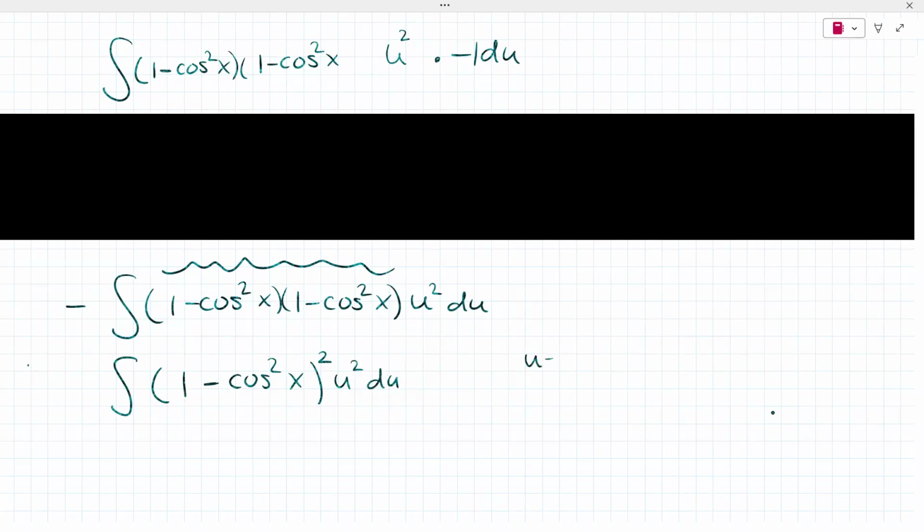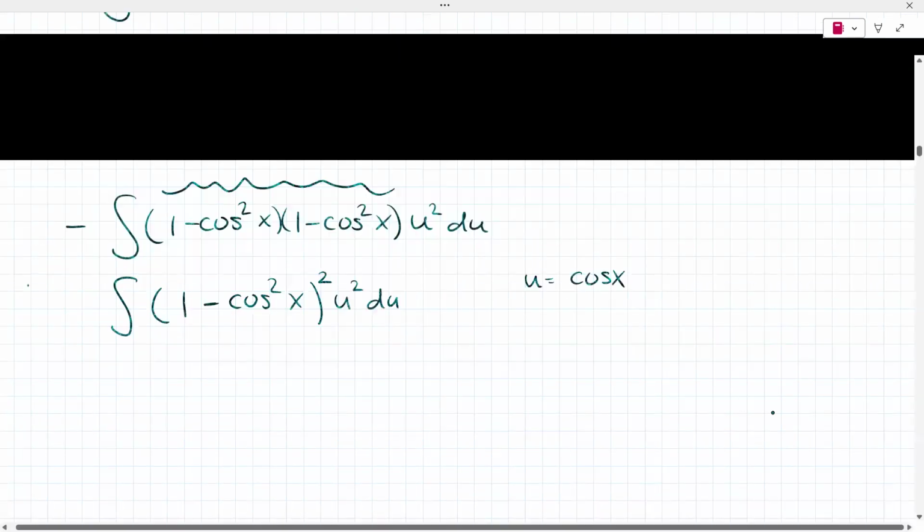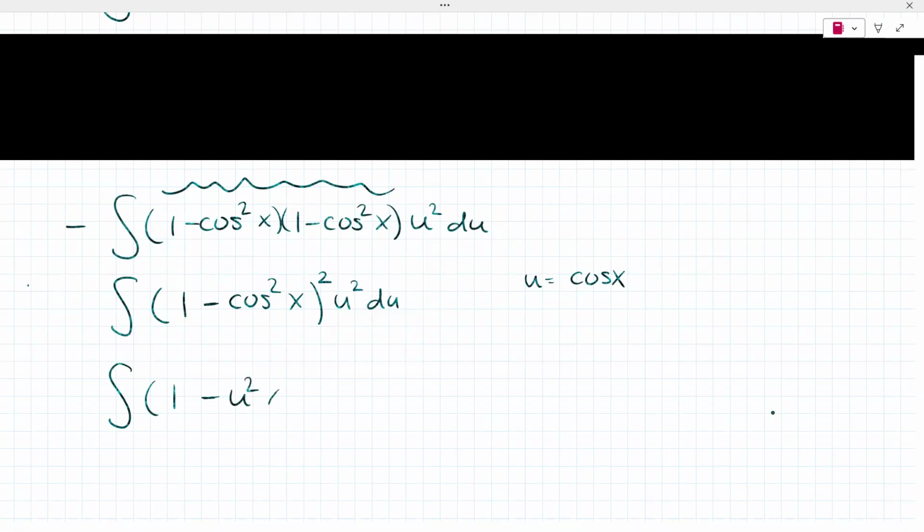We said that our u was cosine of x, so what I'm going to do next is replace my cosine of x with u. I'm just replacing my cosine of x with u. There's a 2 here, so that's why I said u squared. And then you have a square here, and then you have this extra u squared du.